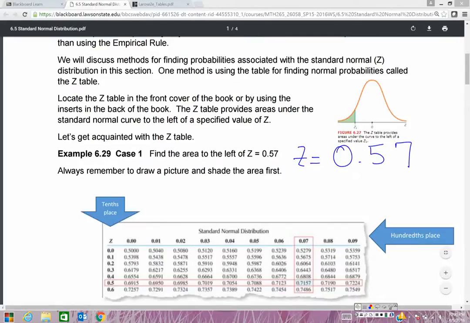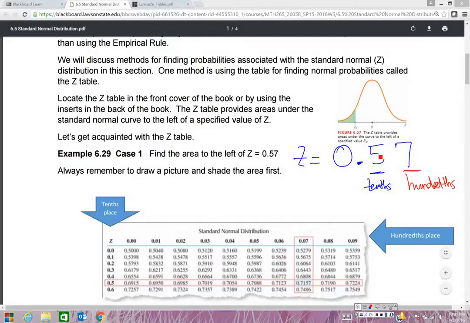Now, what number is in the tenths place? 5 in this instance. And what number is in the hundredths place? The 7. Now notice in this case, our Z is a positive number. 0.57 is positive, so you don't see any negative, so you know that it's positive.